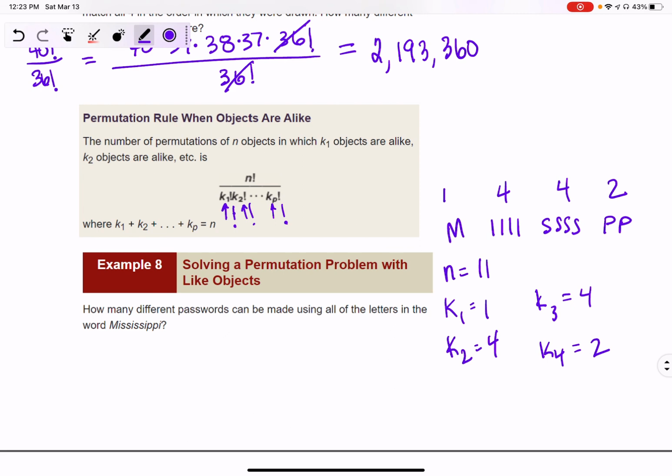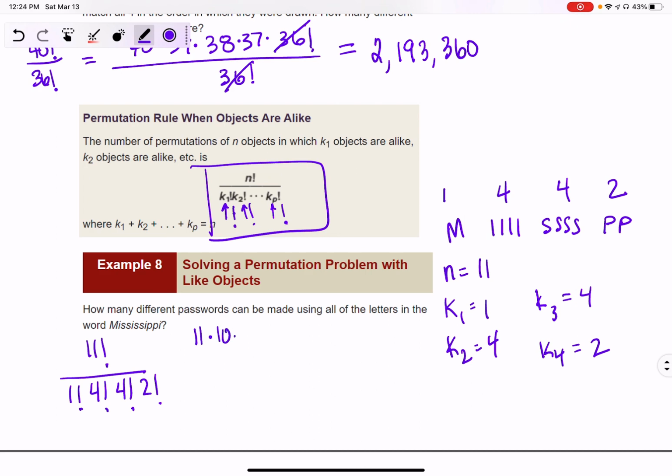Okay, so remember we need the factorial of each of these. So our problem will be set up using this formula, n factorial, which is 11 factorial, over 1 factorial times 4 factorial times 4 factorial, and remember this is multiplication. We don't see any symbol, so it's a multiplication, times 2 factorial. Work that out. 11 times 10 times 9 times 8 times 7 times 6 times 5 times 4 factorial.